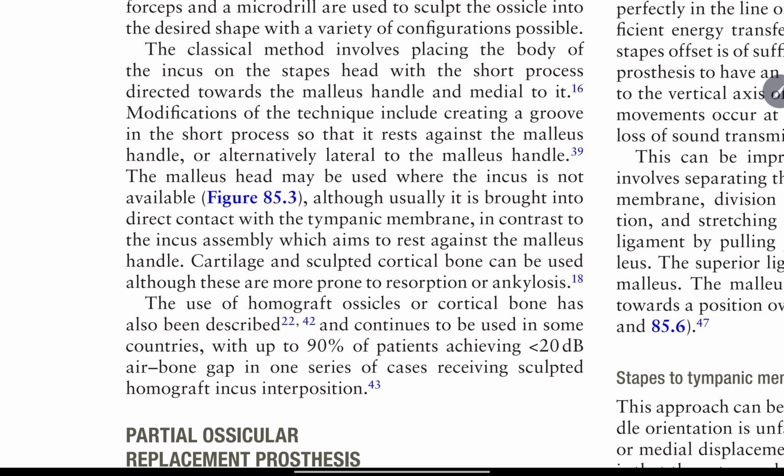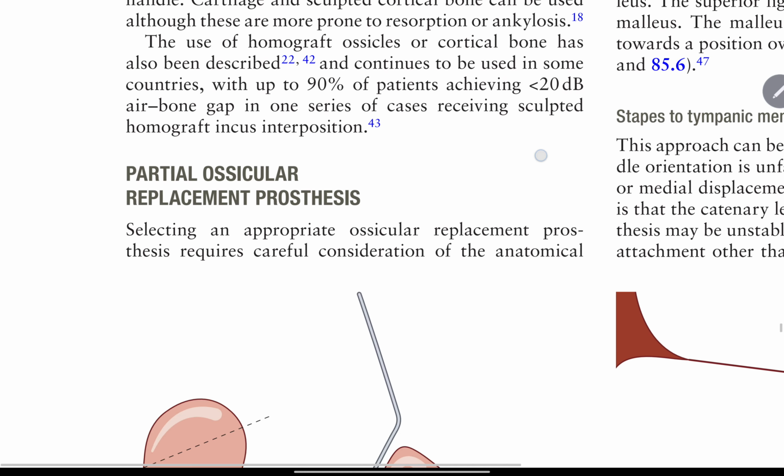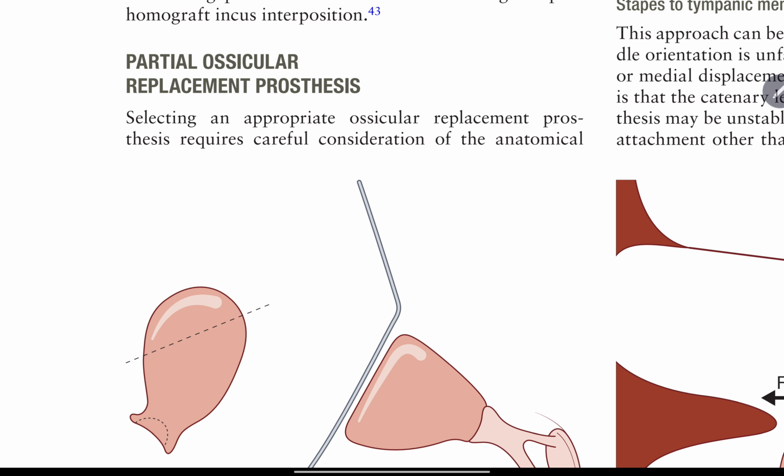The use of homograft ossicles or cortical bone has also been described and continues to be used in some countries, with up to 90% of patients achieving less than a 20 decibel air-bone gap in one series of cases receiving sculpted homograft incus interposition.